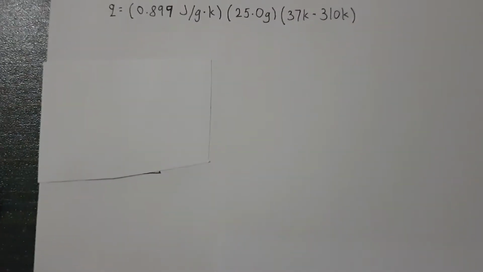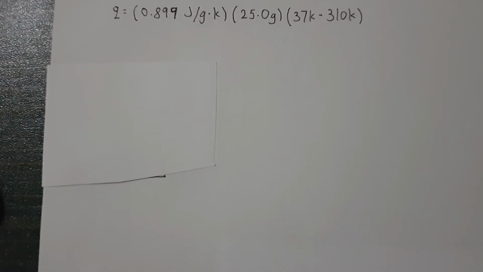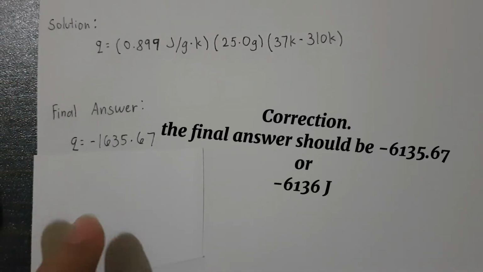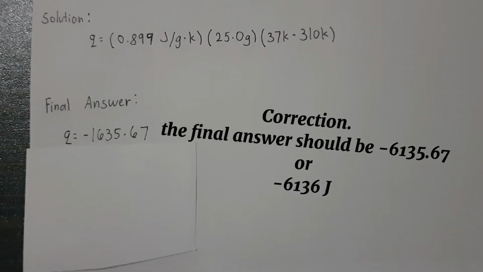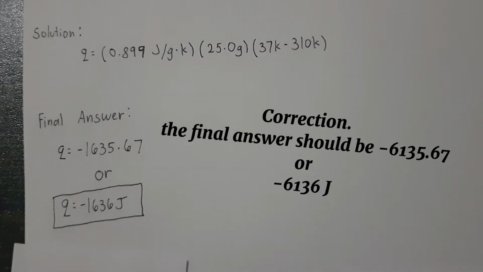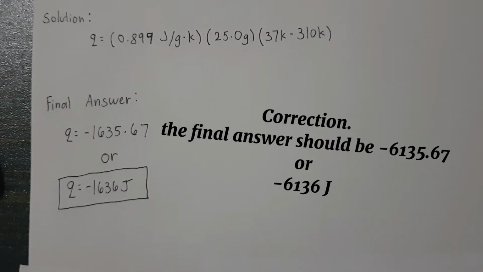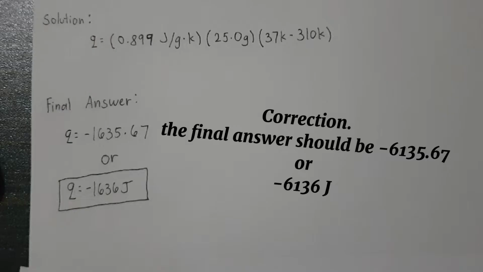So let's input this in the calculator, and we get the final answer, which is negative 1635.67, or if we round it off, Q is equal to negative 1636 joules.